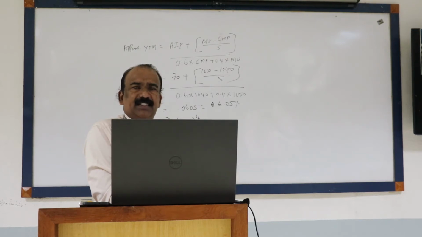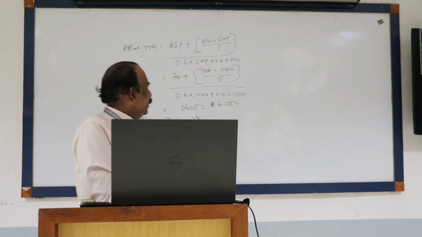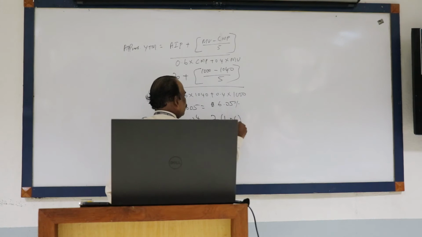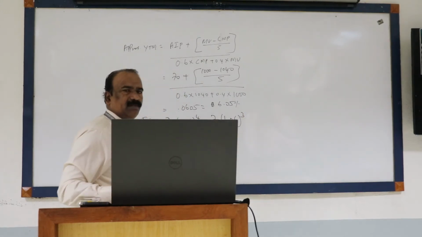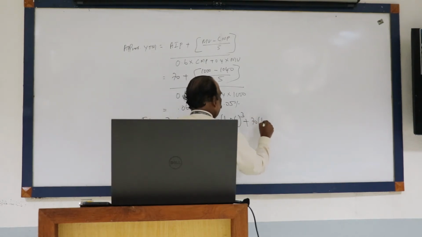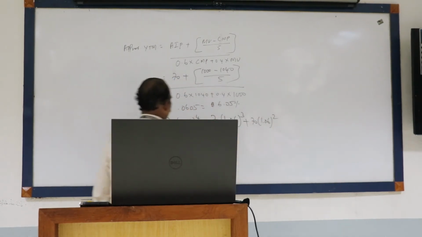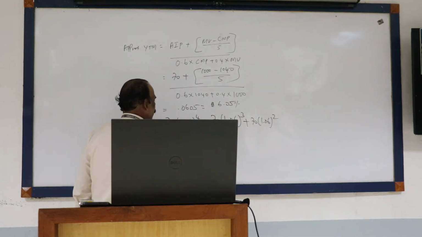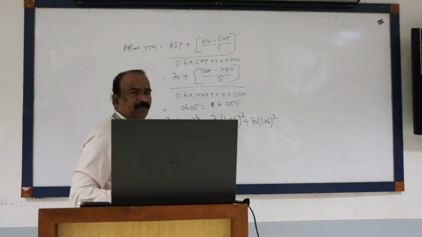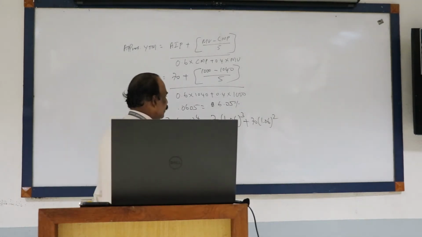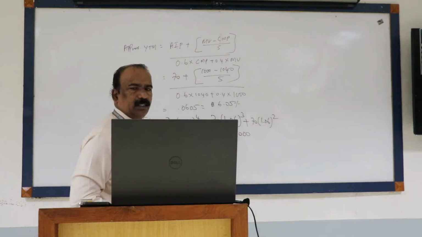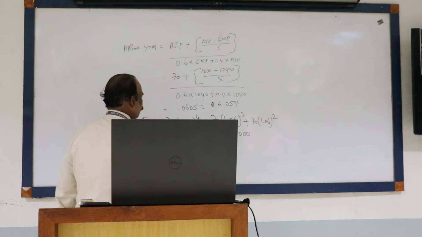The first year interest is reinvested for 4 years at 6%, then the second year interest is reinvested for 3 years, the third year interest for 2 years, and the fourth year interest for 1 year. He will receive back the fifth year interest and the 1,000 maturity value. So what will be the future value?